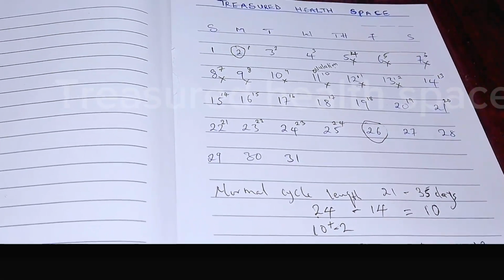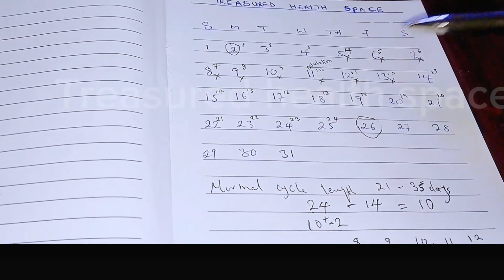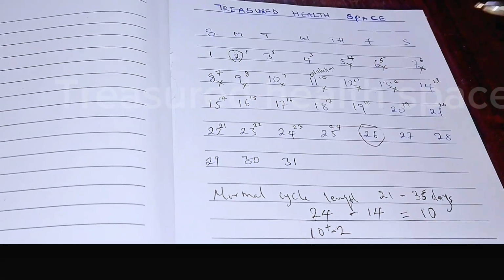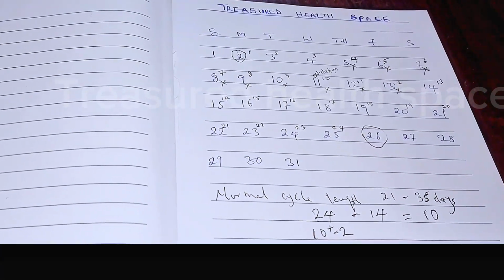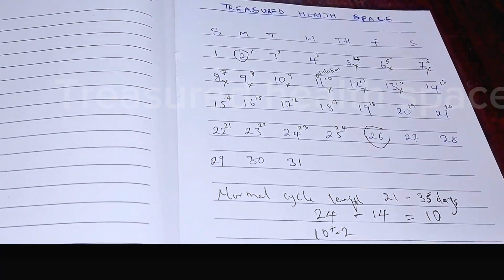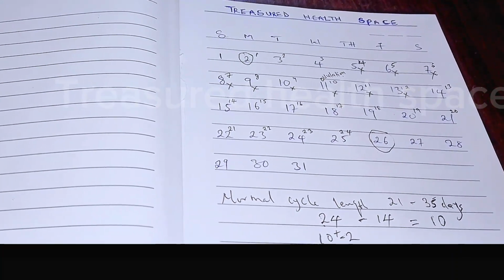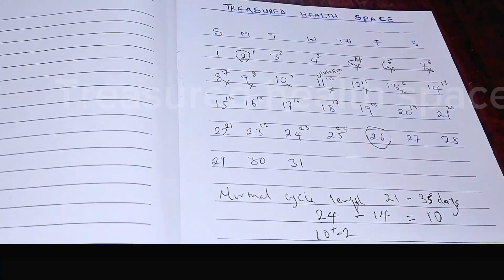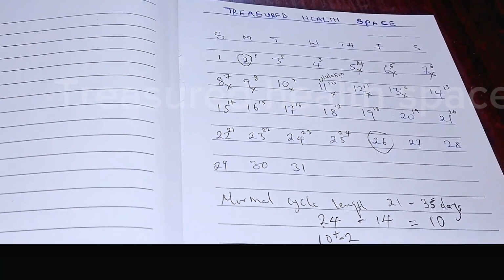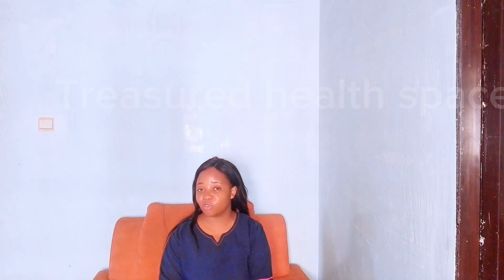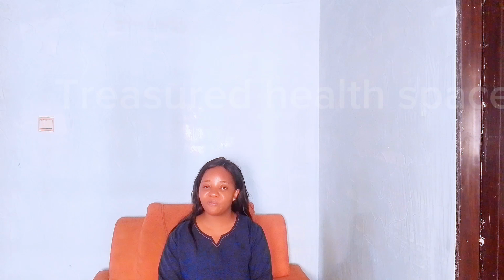So if you are actively trying to conceive, these days marked in X are the days you are more likely going to conceive if you have intercourse during this period. The next sexual habit you need to drop is not having enough sexual intercourse during your fertile window.